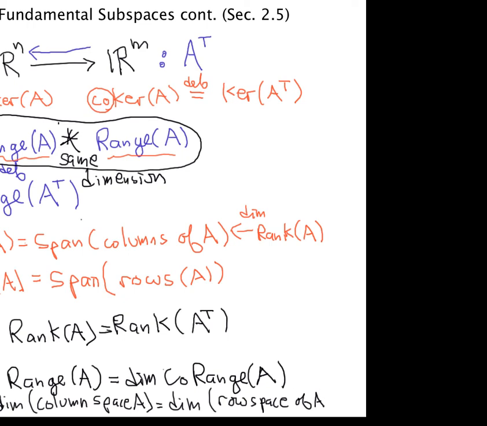So let me separate this out. This last thing is just the statement about A. You take the rows, and that spans some space, and you take the columns, and that spans some space. Those two spaces have the same dimension. Okay, so I'd like to explain why this is true.